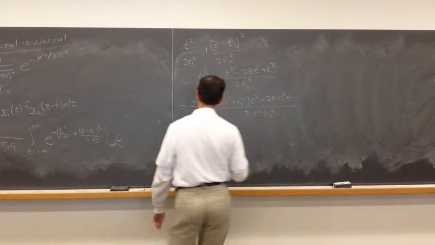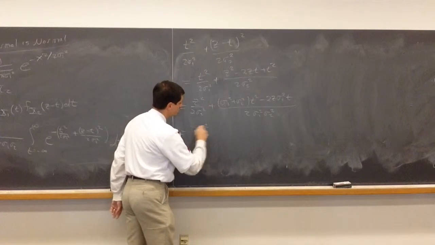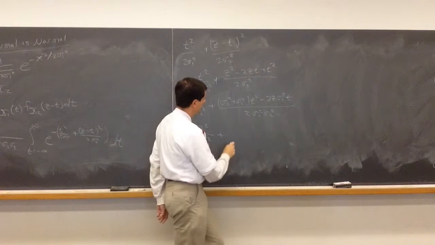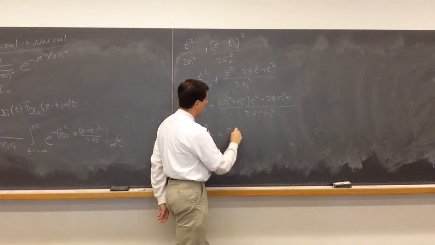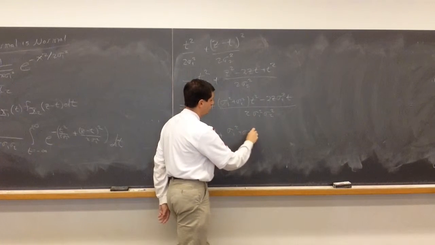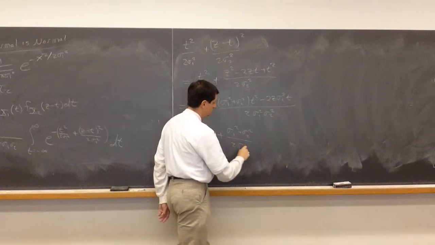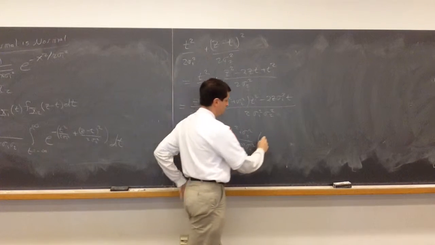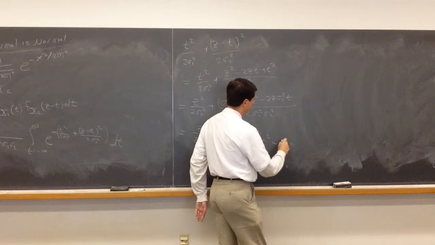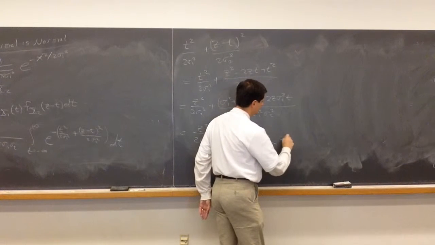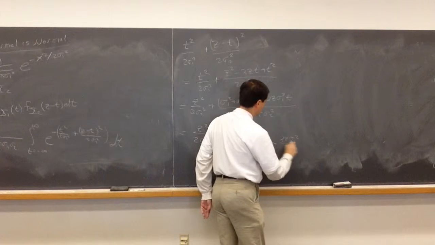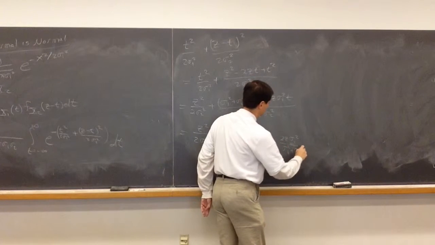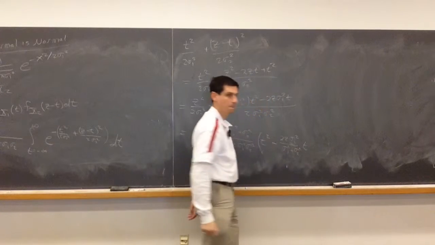So we're going to have z squared over 2 sigma 2 squared plus, I'll pull out a sigma 1 squared plus sigma 2 squared over 2 sigma 1 squared sigma 2 squared. And now we'll have t squared minus 2z sigma 1 squared over sigma 1 squared plus sigma 2 squared times t.